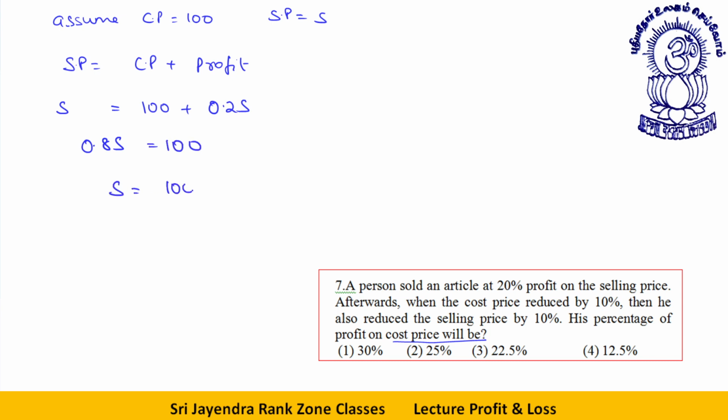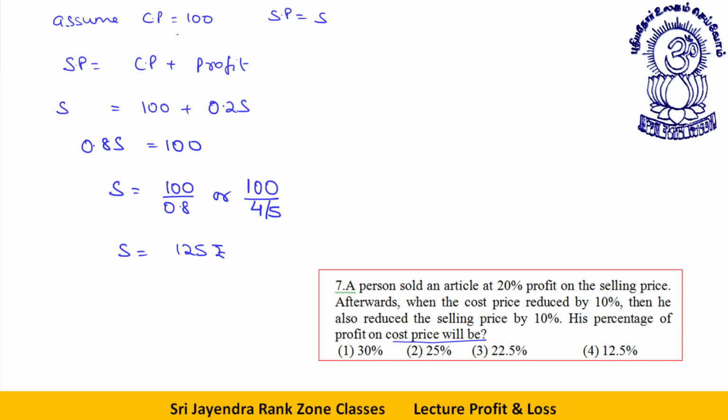S is equal to 100 upon 0.8, or 100 upon 4 by 5. That will be S is equal to 125 rupees. The selling price is equal to 125 rupees. So far clear, my dear students? Okay.